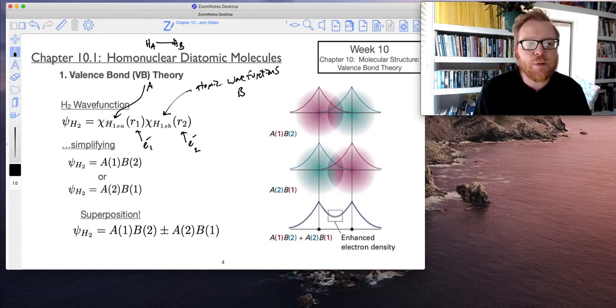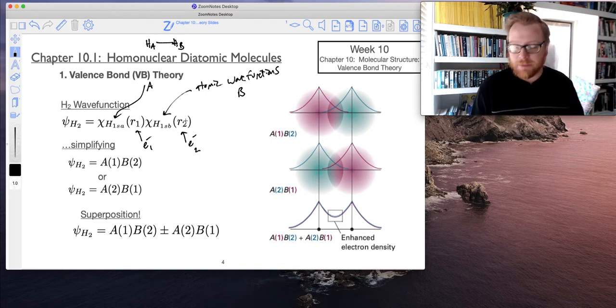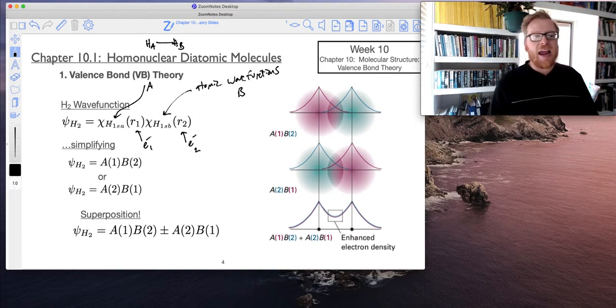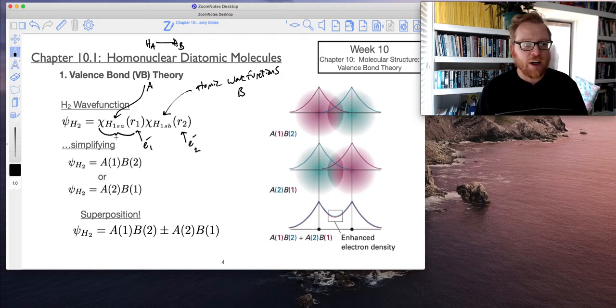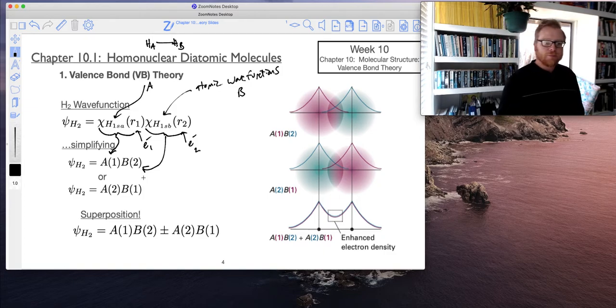Okay, so simplifying our notation, instead of saying chi H1SA R1, I'm just going to say A1. So all of this, our atomic wave function, we'll just represent simply as A1, and all of this, our atomic wave function for atom B, can be represented there.